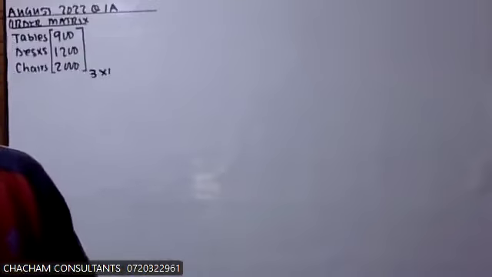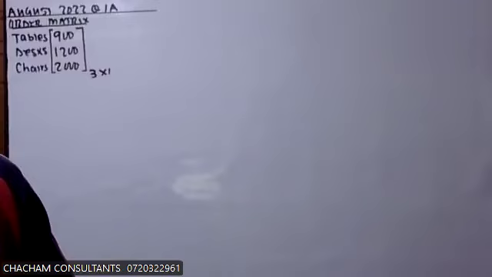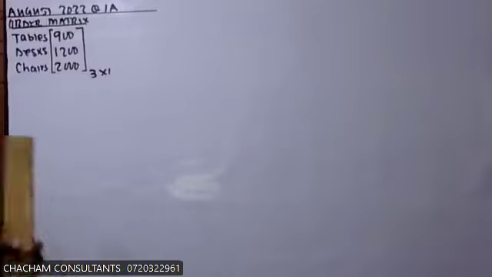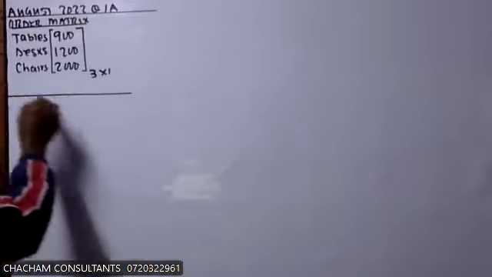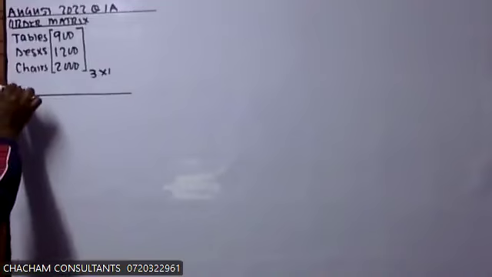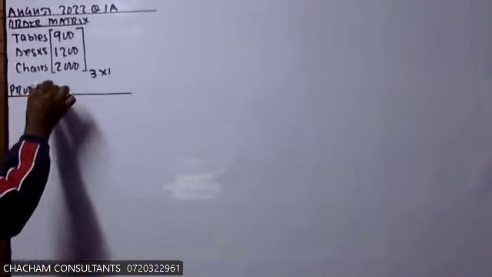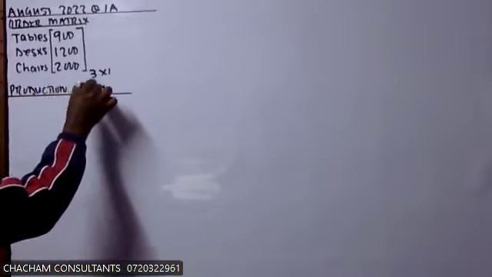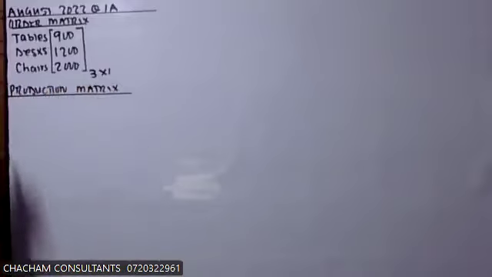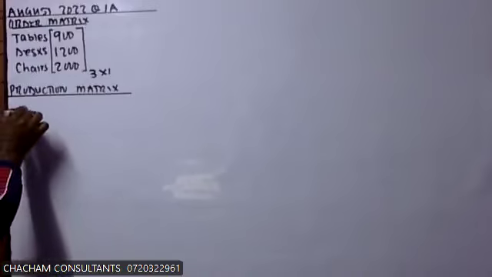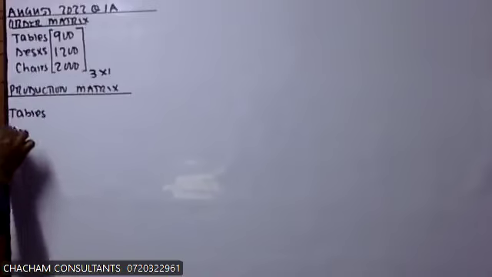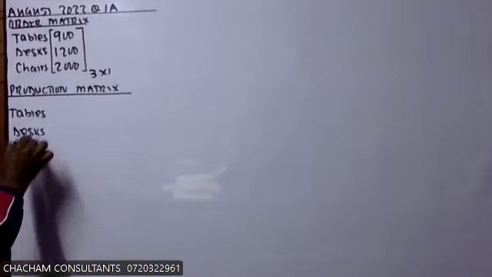The other matrix: the management has decided that 500 could be supplied from there. So we can have what I would call the production matrix. In this production matrix, we have the items: tables, desks, and chairs.